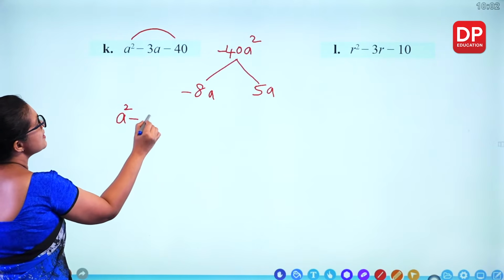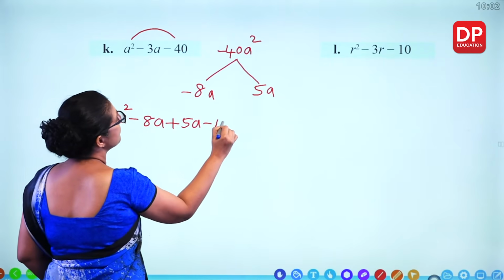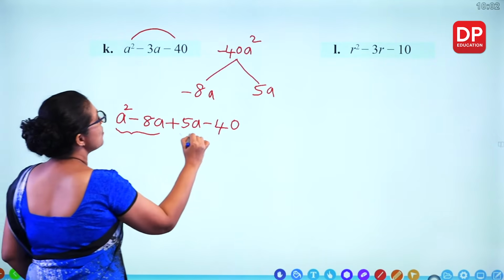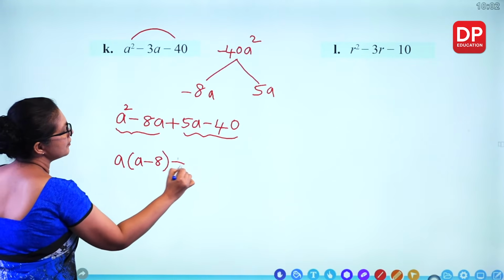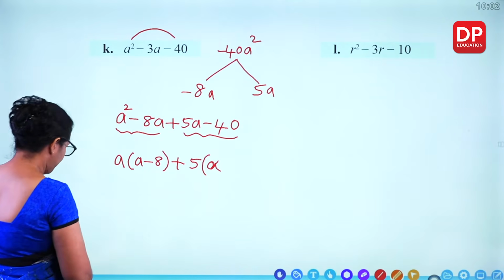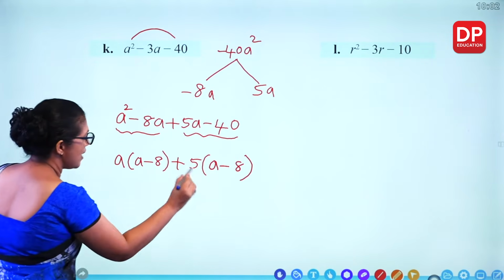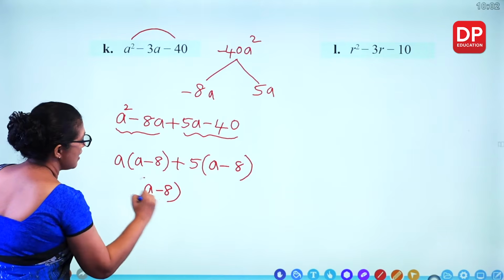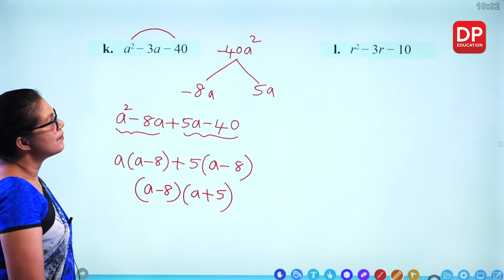Now split the middle term into minus 8a plus 5a. Take 2 at a time and factorize. This is a minus 8. A minus 8 is common and the remaining part is a plus 5.